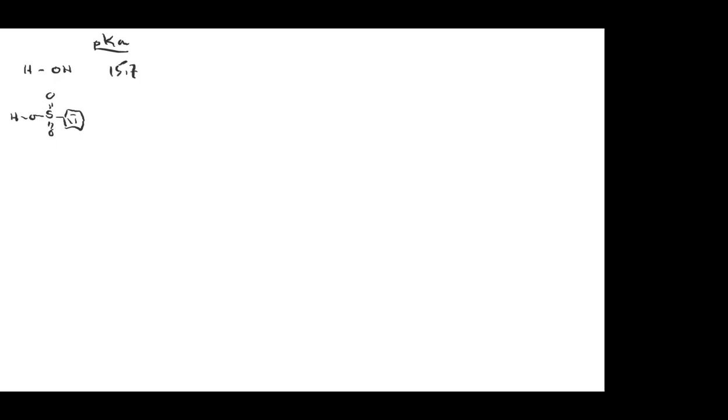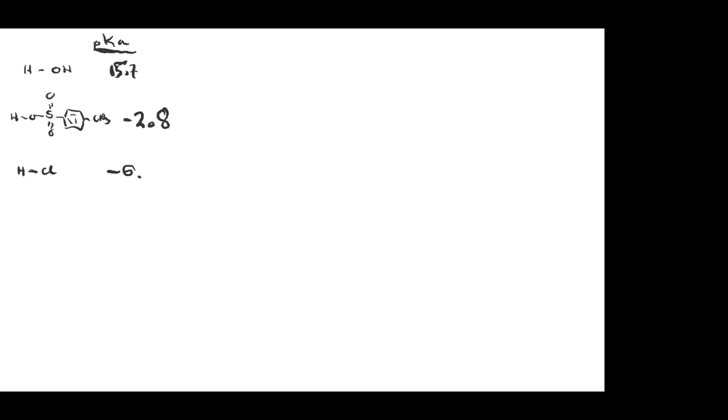And then the pKa of HCl? About -6. So we're pretty close with our sulfonate ester. Sulfonic acid, para-toluenesulfonic acid, is -2.8.